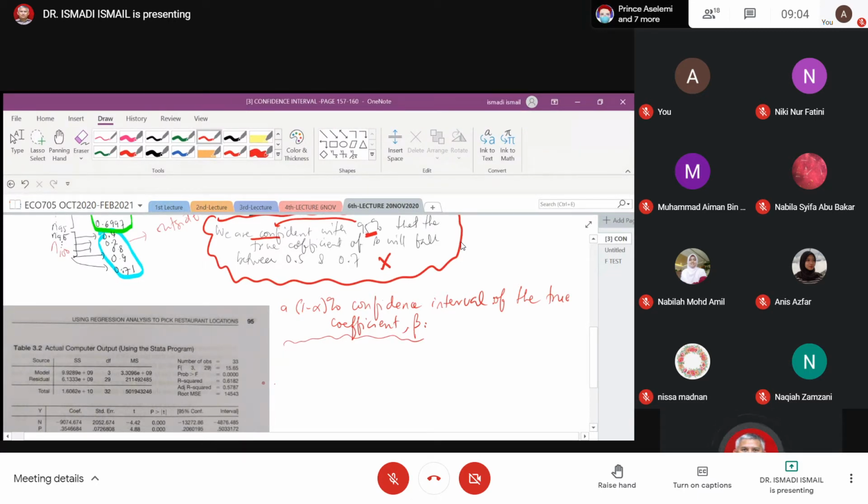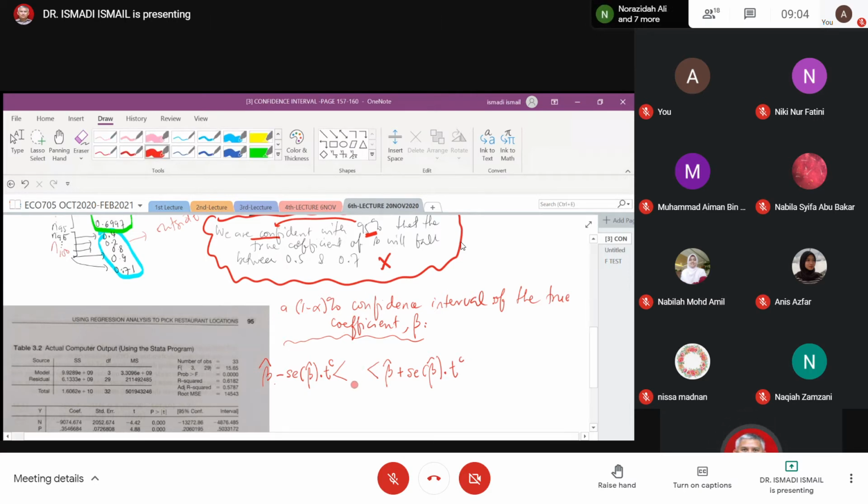beta hat, it is not beta, minus the standard error of estimated beta times its critical value, less than the true coefficient, less than beta hat plus the standard error times the critical value.